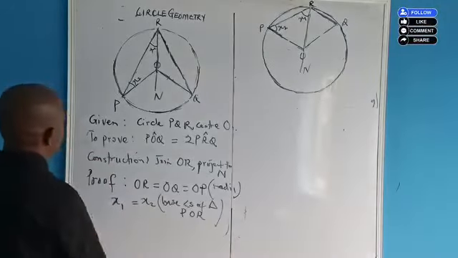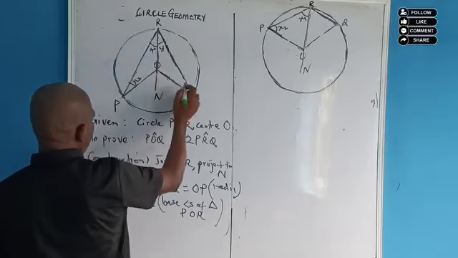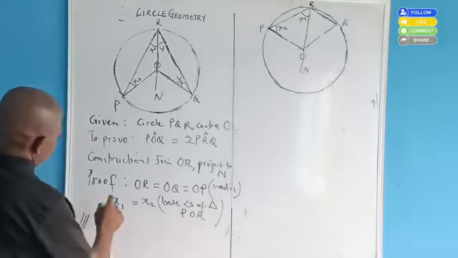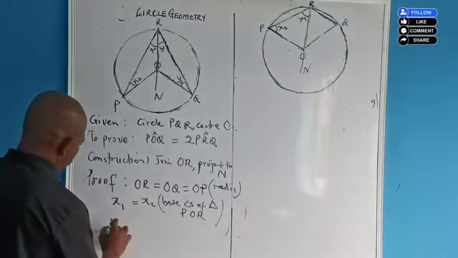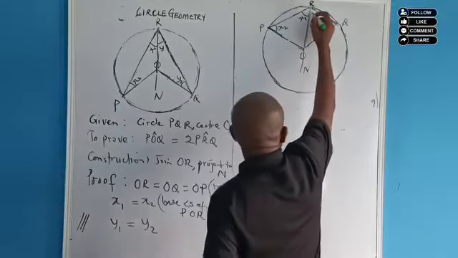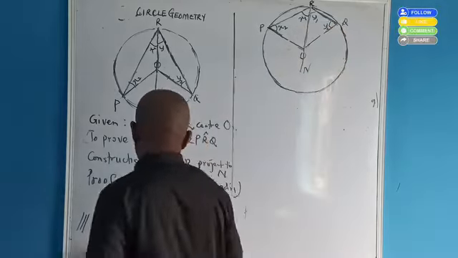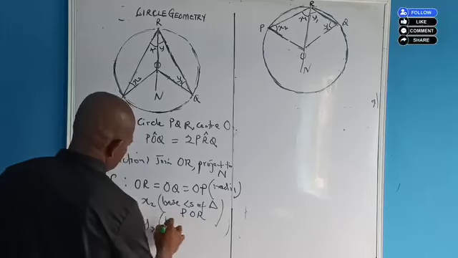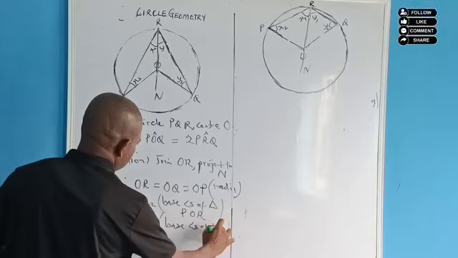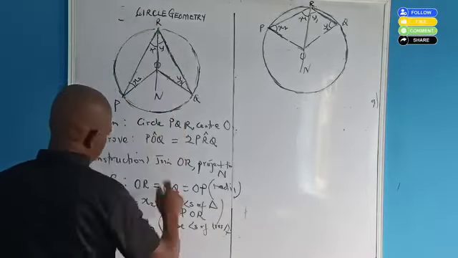Similarly, we can call this angle here y1 and call this one y2. So we see again that y1 is equal to y2. The reason is that both of them are base angles of isosceles triangle QOR.